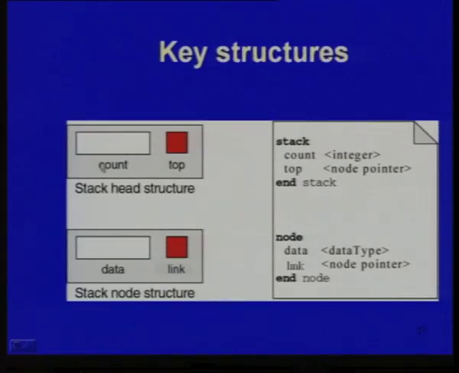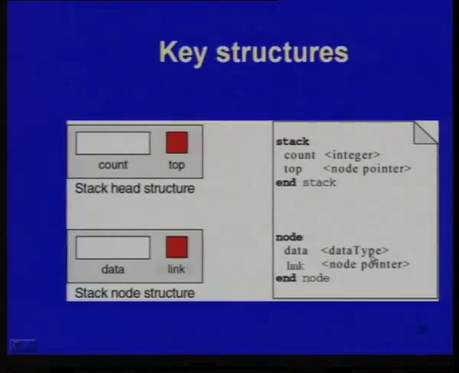Here you have two data structures, or two nodes, that you are using. One is the stack head and the other is the stack node. The stack head will have a count and a top, where count is just an integer and top is a node pointer. The stack node will have a data type, and there will be a link which is again a node pointer. This is similar to the structure that you used for lists, but here the operations are restricted, as I already told you.